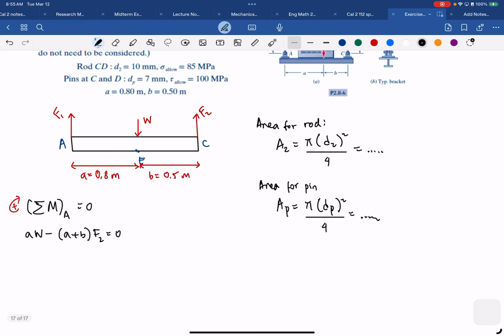Solve this and we get W over F2 is (A plus B) over A, right?